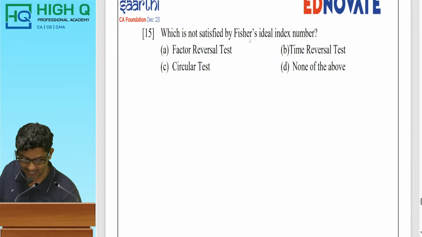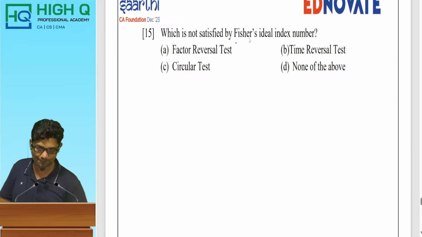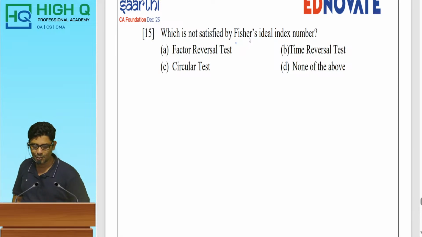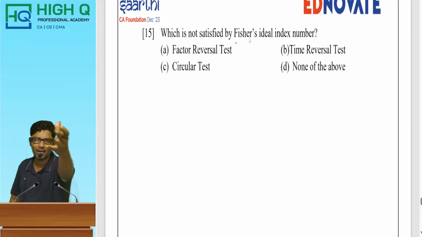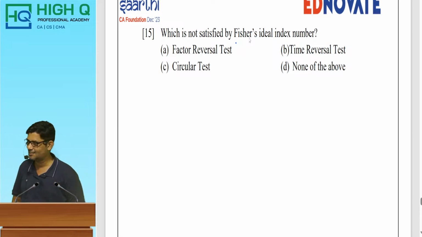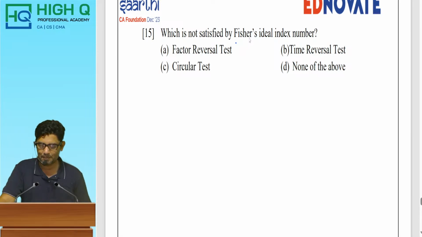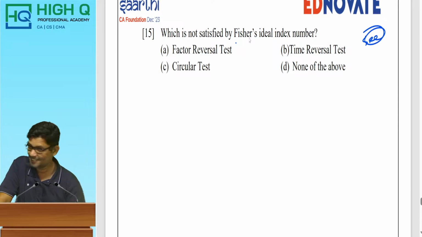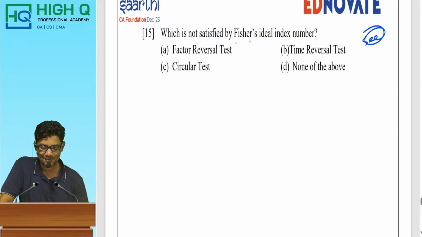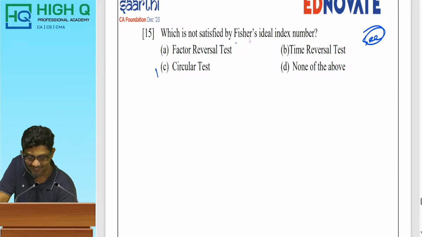Which is not satisfied by Fisher's ideal index number? Hey, in the classroom now, they are just shouting the answer, man. Here, online, no one is giving me the answer. Balaya says C. Hey, Srini. Acha, you are JJ Balaya, okay. Yes. C.